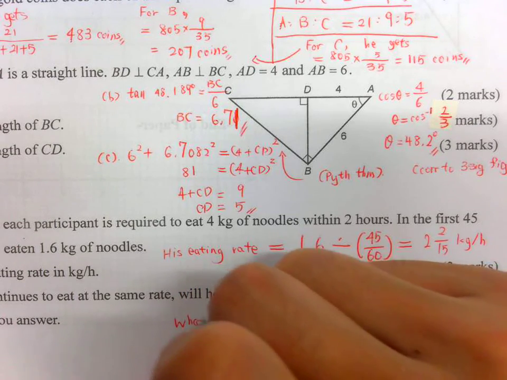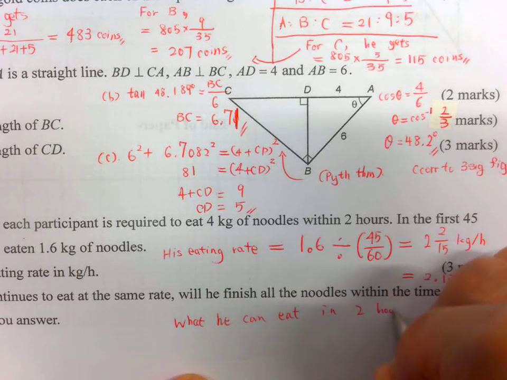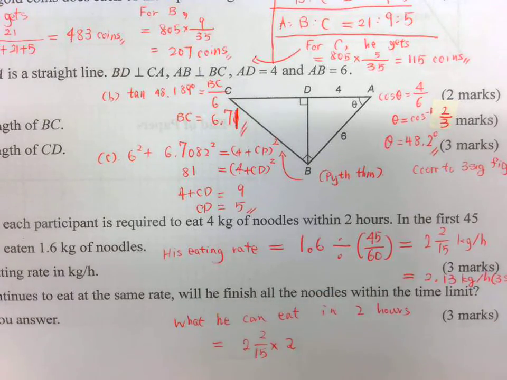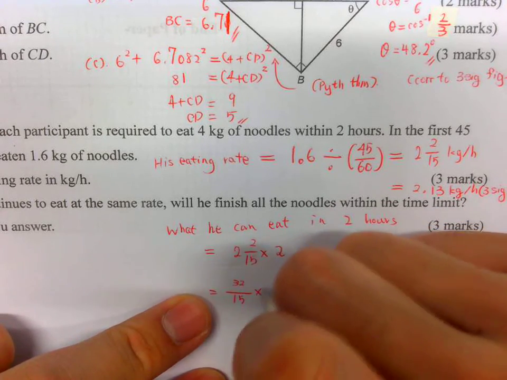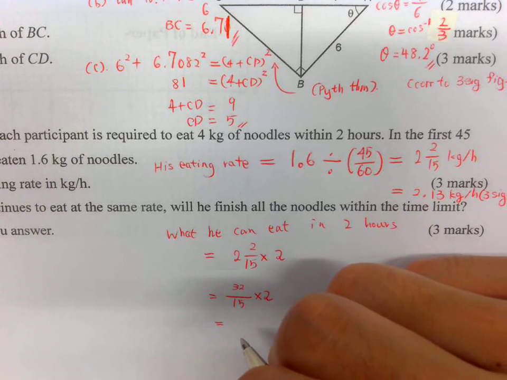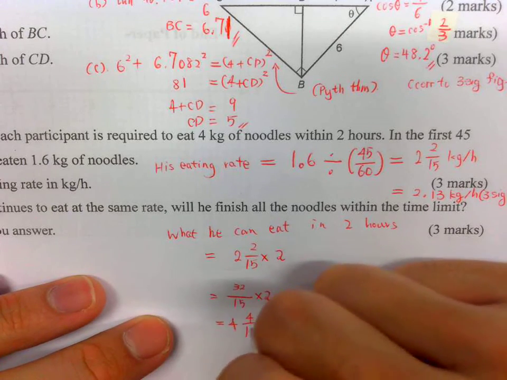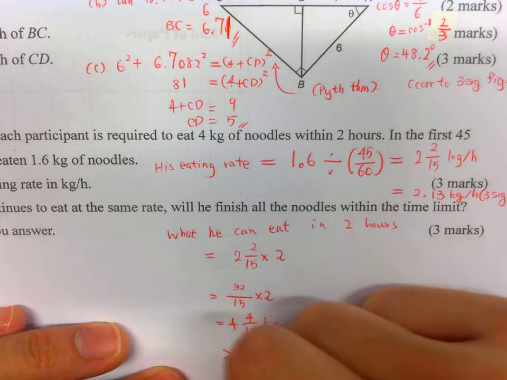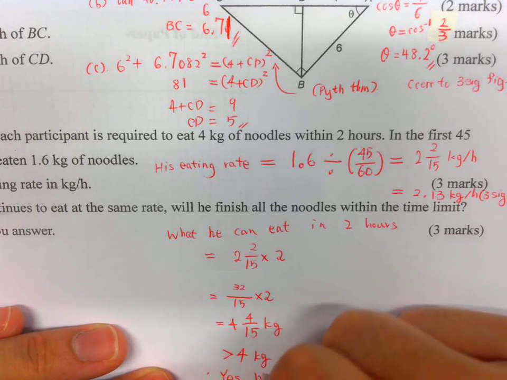What he can eat in 2 hours actually equals this amount times 2, which will give you 4 and 4 over 15 kilogram, greater than 4 kilogram. Therefore, yes, he will. That's it.